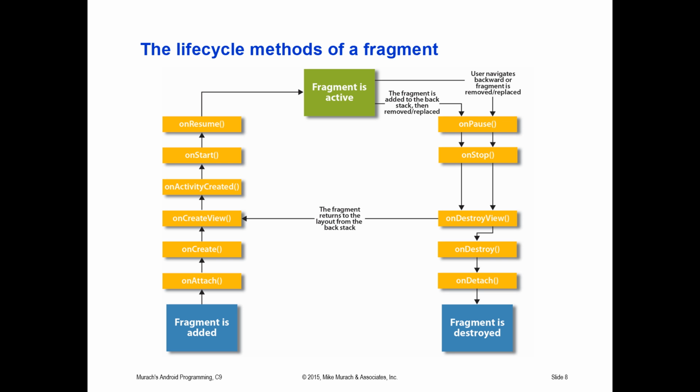This is what's shown in the diagram, replicated from figure 9-2 on page 263 in the book. Most of these methods are similar to the life cycle methods of an activity. For example, like an activity, a fragment includes an onCreate, an onPause, and an onResume method.